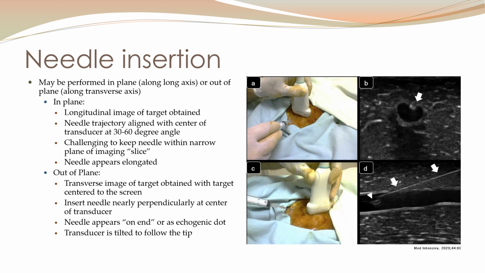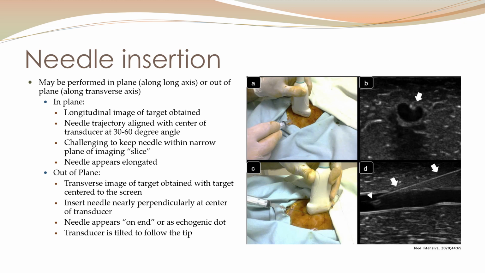Okay, and this brings us to needle insertion. Needle insertion, as I mentioned, can be performed in the longitudinal or the transverse plane. Lots of times you might be doing vascular access, other times maybe a fine needle aspiration. Either way, the object that you're trying to access can be identified in transverse or long, or sometimes both.